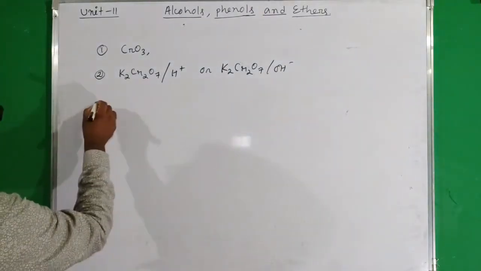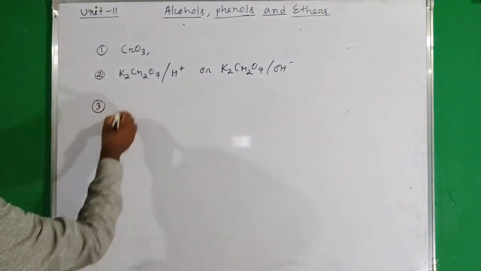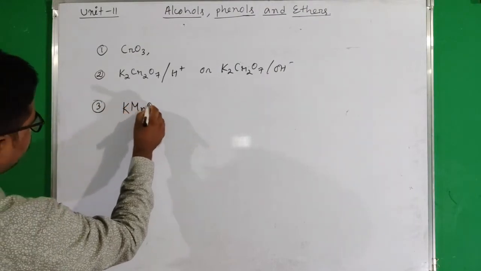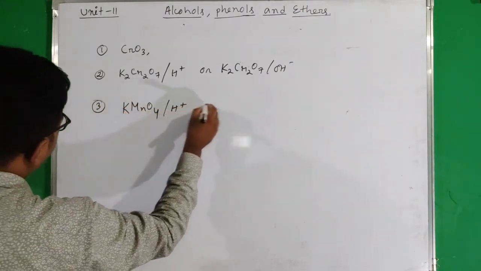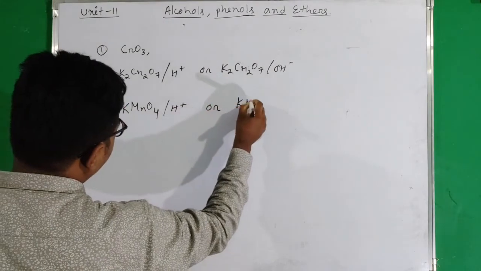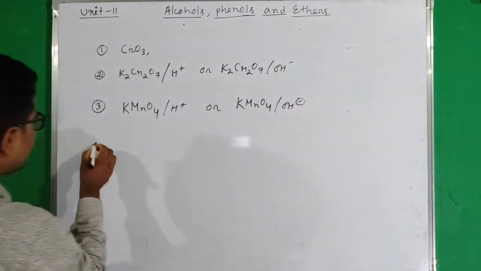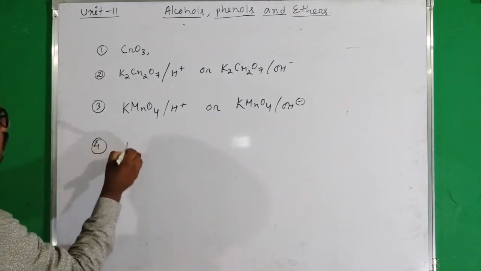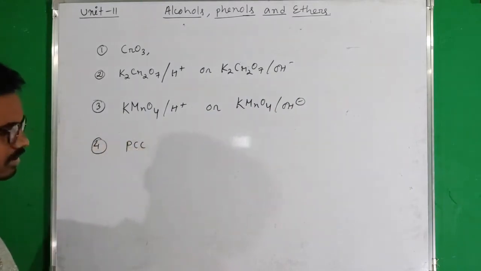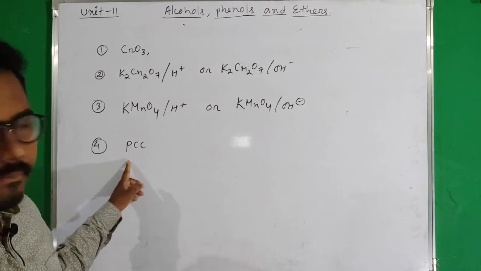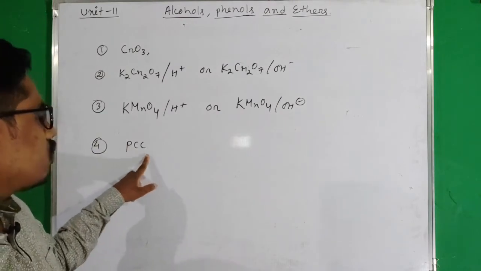And then we will use KMnO4, either acidified or alkaline, KMnO4, potassium permanganate. Okay, then one oxidizing agent is PCC, pyridinium chlorochromate.